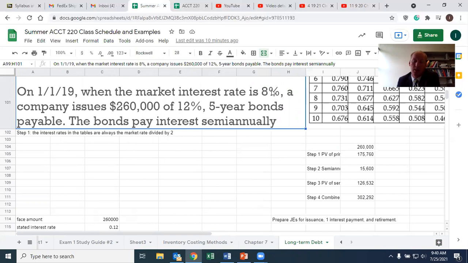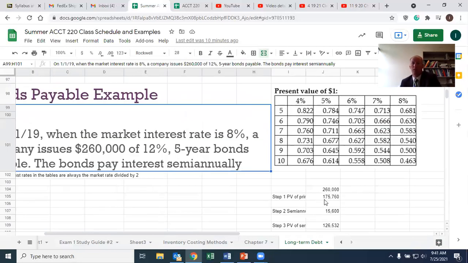Because of other interest rates out there, or because of how safe an investment we are, they're willing to accept a lower interest rate than what we were willing to pay. Something happened between the time we wrote these bonds, had them written up by an investment bank, where we were willing to pay 12%, but there was high demand for our bonds. A lot of people wanted to invest in our bonds, and so they were willing to accept 8%. So that's what's going on here.